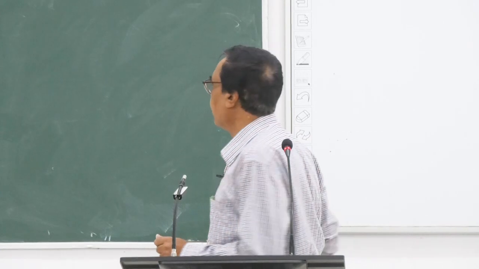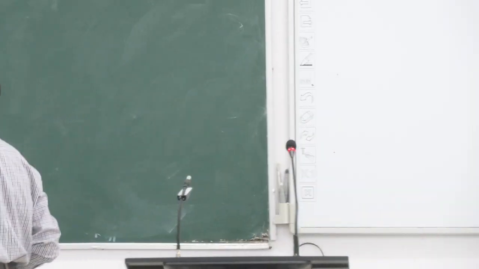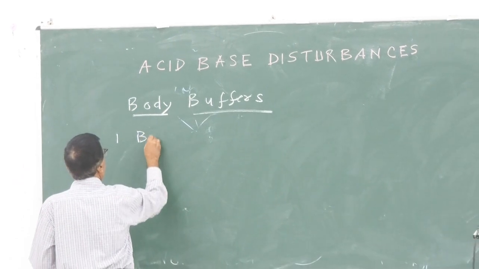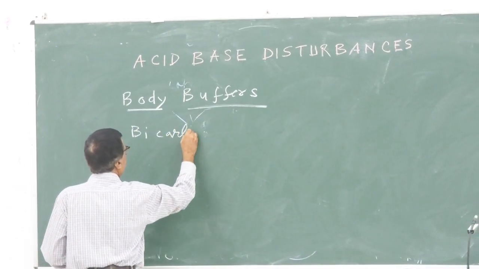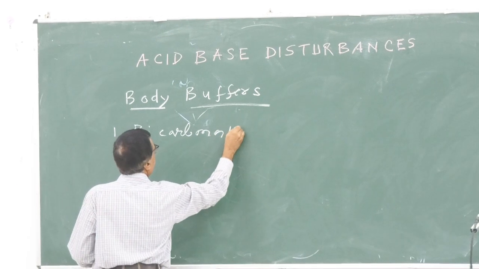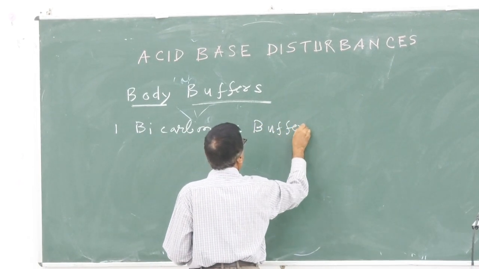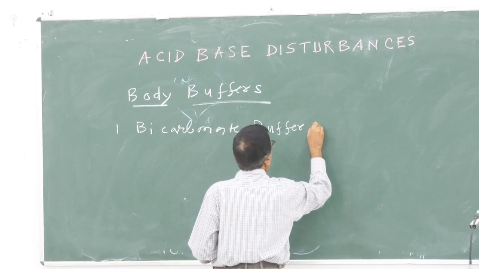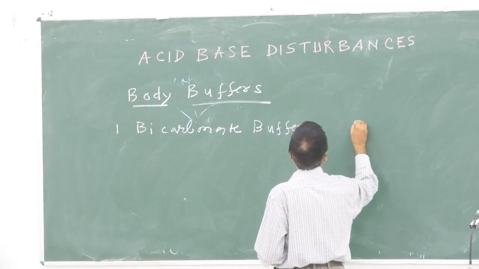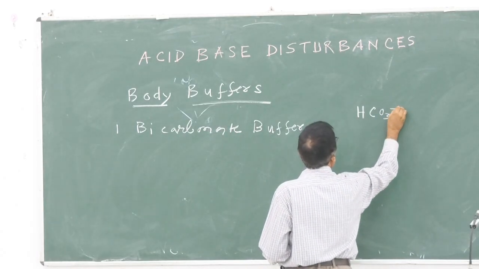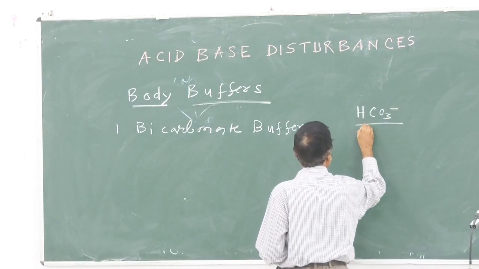Body buffers: the principal buffer is the bicarbonate buffer. The pair is bicarbonate and carbonic acid.